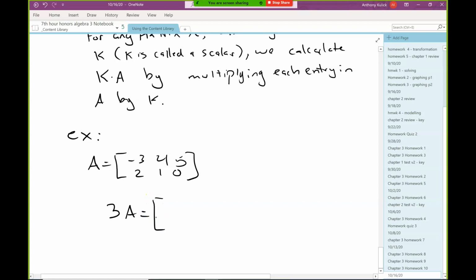So if we have the matrix A and we want to find out what 3A is, well, I just take that 3 and multiply it by each of the entries.